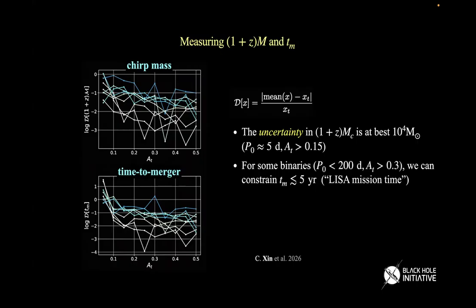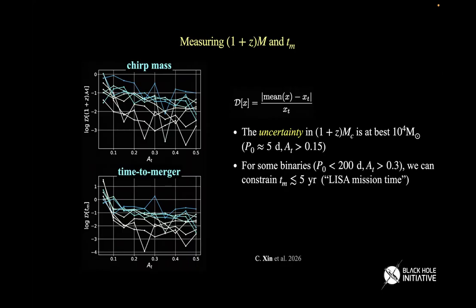And for time to coalescence, on average you can also get this to within 10%, meaning that if you have a measurement before LISA even flies, you can constrain the time to merger to within 5 years. And this is within the entire lifespan of LISA.